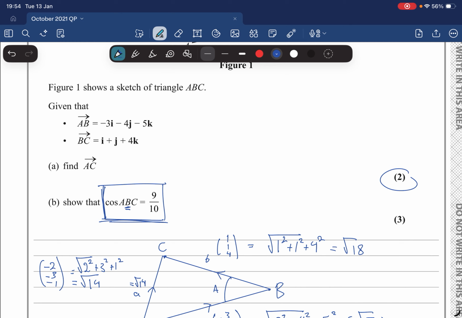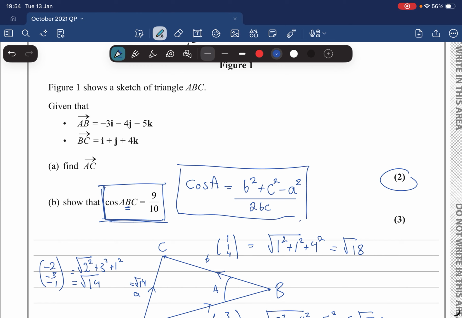So the formula is cosine A equals b squared plus c squared minus a squared, all over 2bc. The way I remember it is that the most single letters are on the top, and the least single letters are on the bottom. I just have it ingrained in my memory for some reason. So this is what we are going to use.